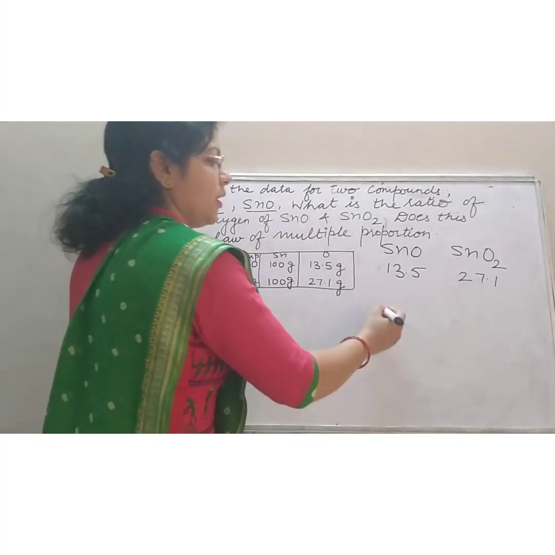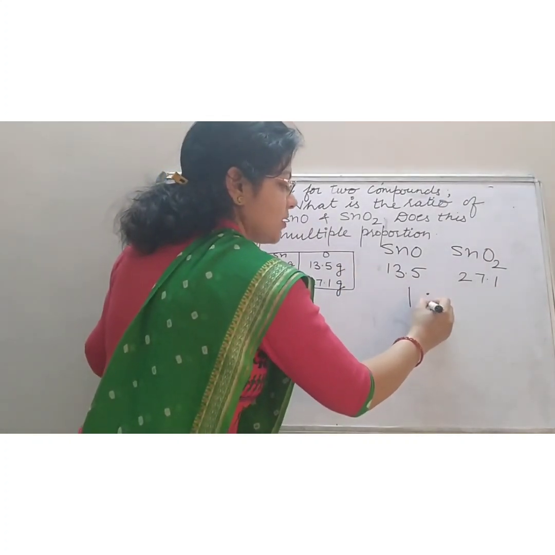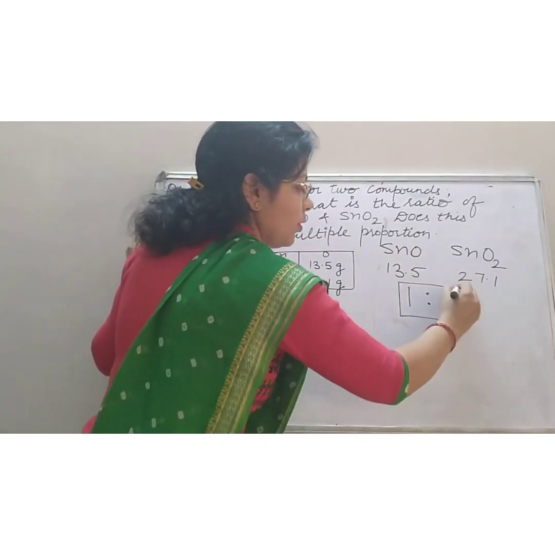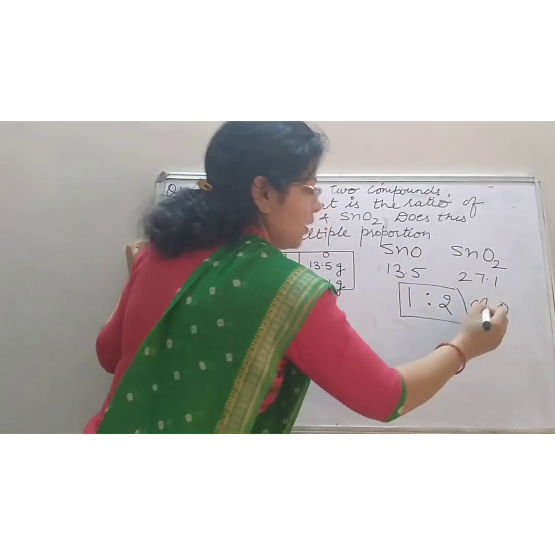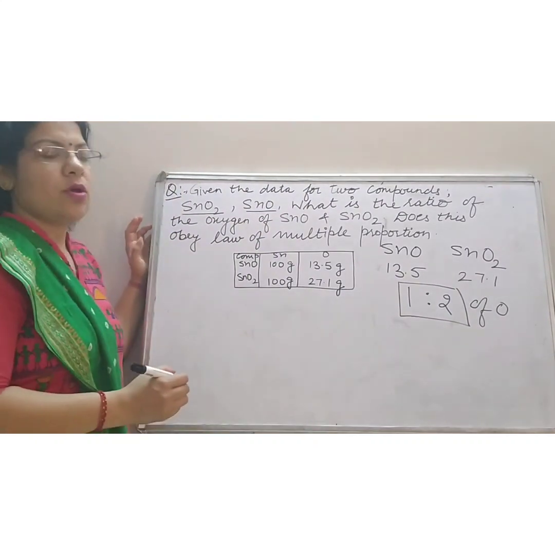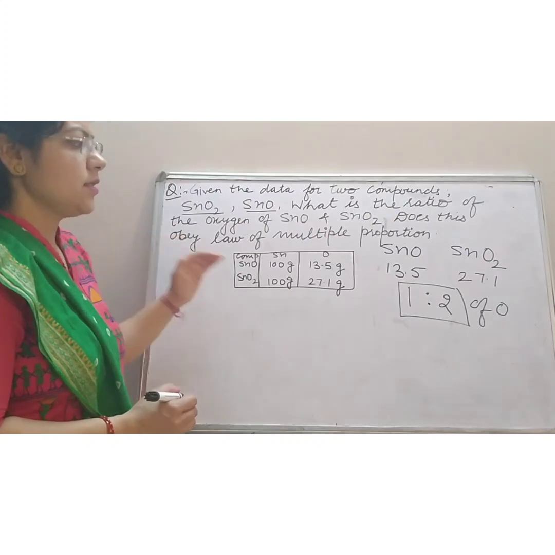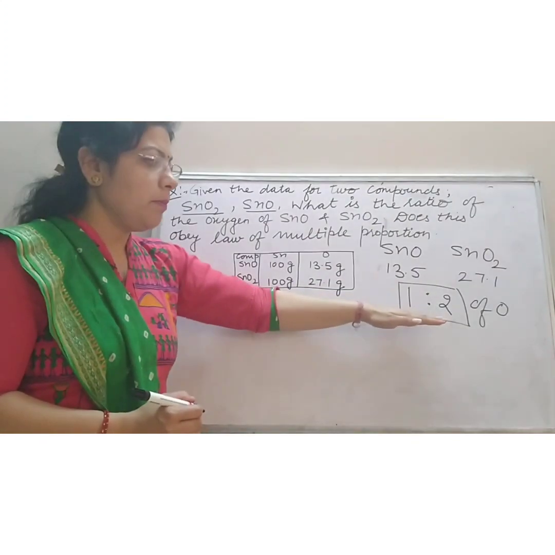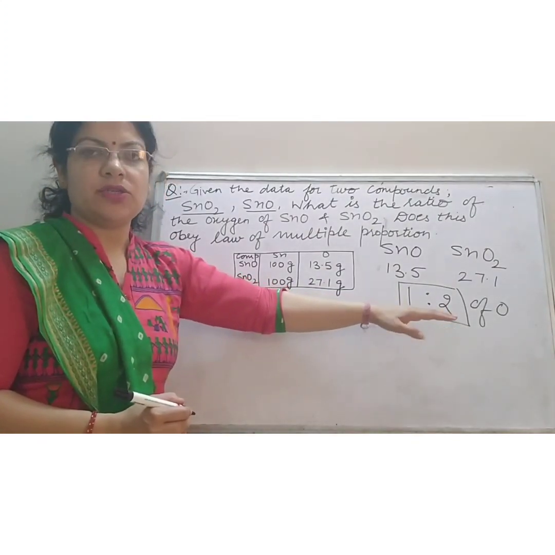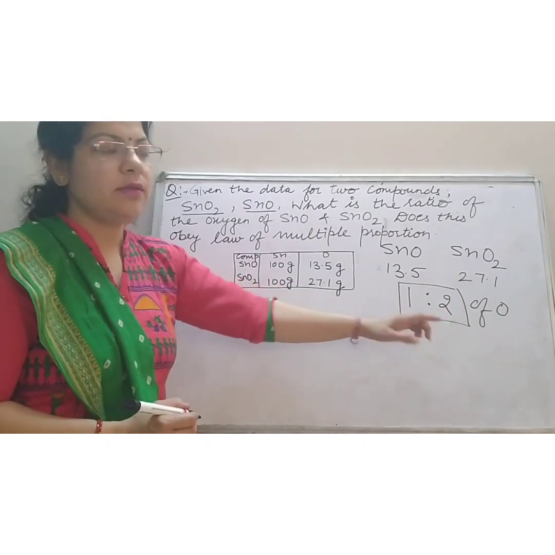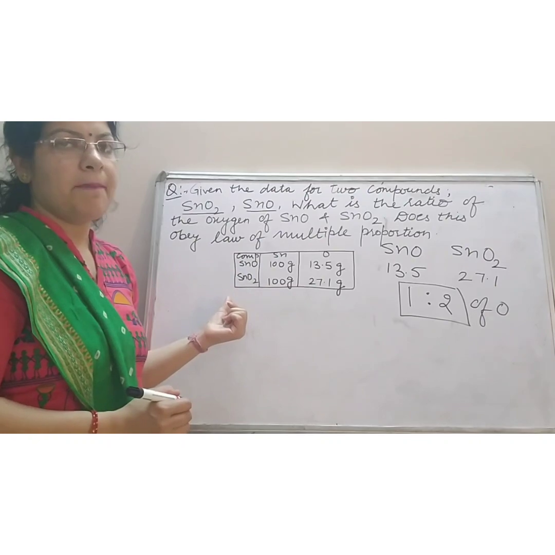Therefore, the ratio of masses of oxygen is 1 is to 2 ratio. Therefore, this obeys the law of multiple proportion, as there is a simple whole number ratio between the masses of oxygen in these 2 compounds.